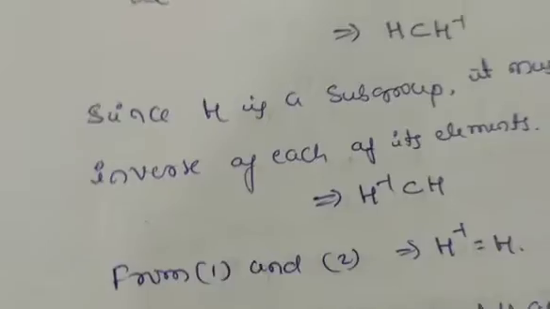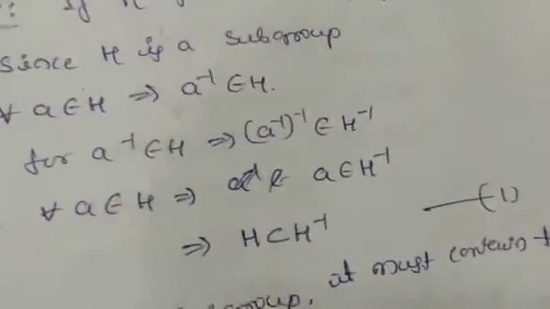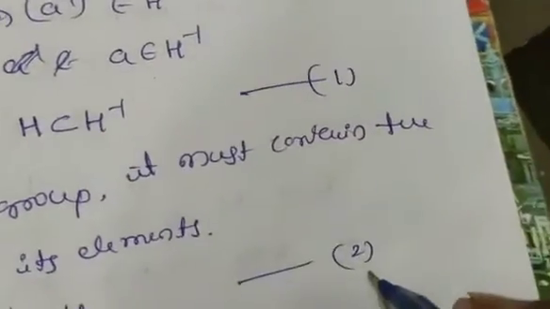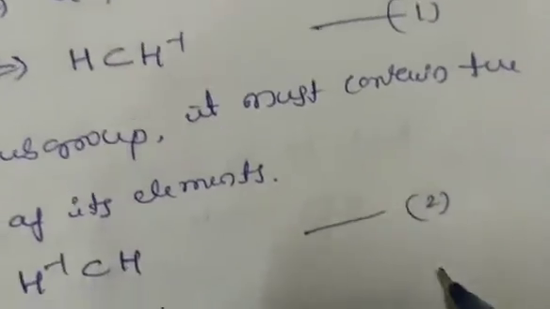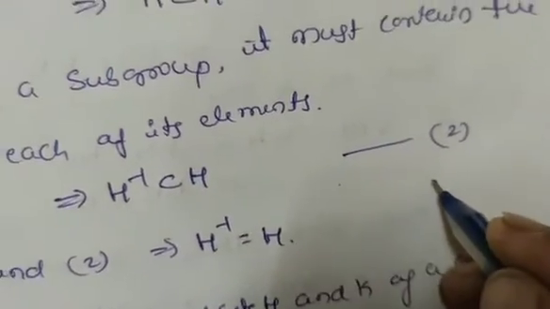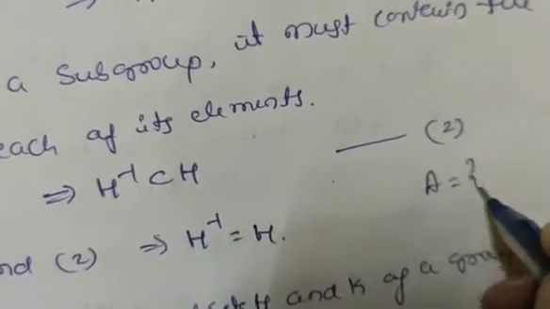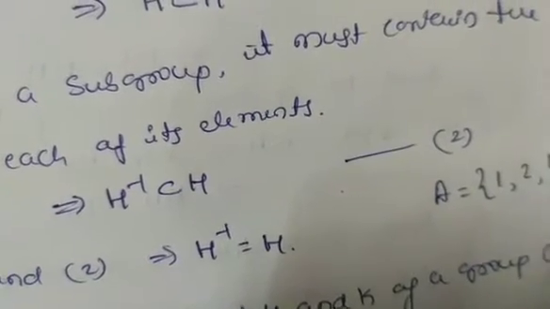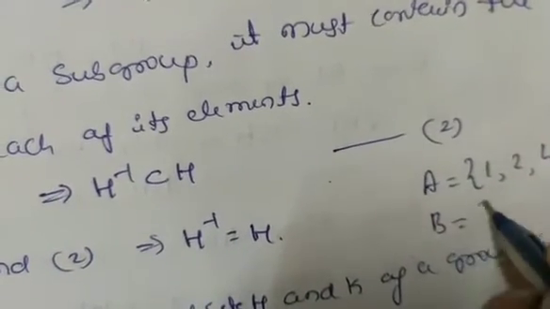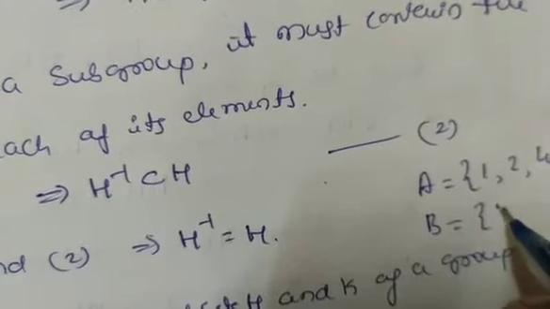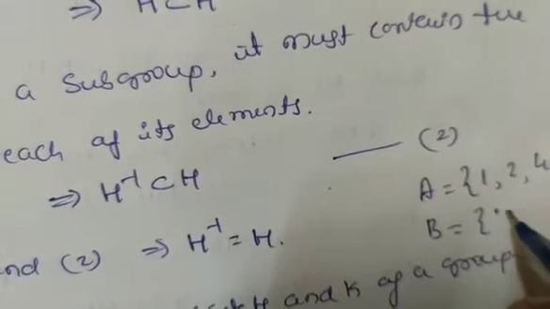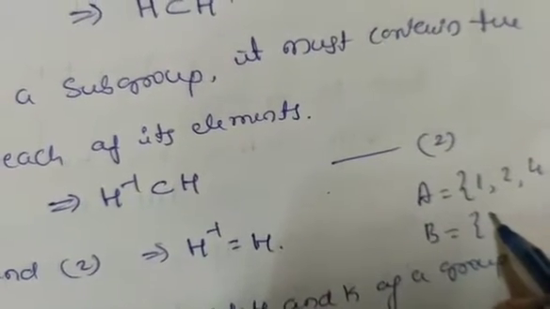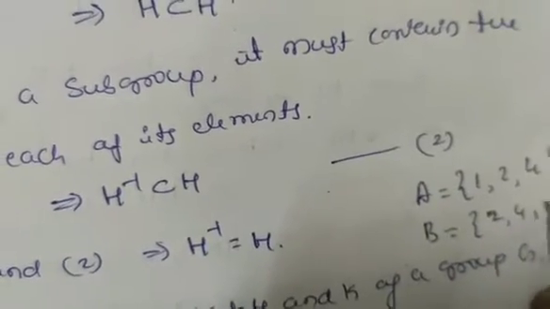Let us take one example. Suppose we have a set A which contains the elements 1, 2, 4, and a set B which contains the elements 2, 4 and 1.